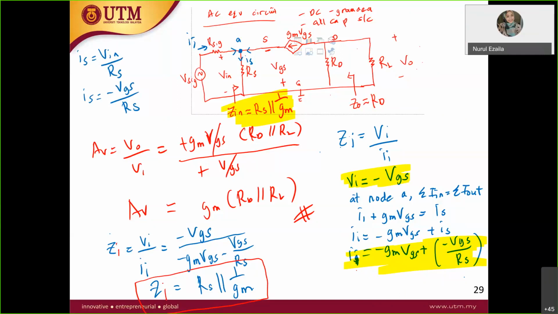If they didn't ask you to derive, then you can straight away write Z in equal to RS parallel with 1 over GM. But if they ask you to derive, then you have to derive V in over I in: what is V in, what is I in, and then you divide these two, you will get this simplification.